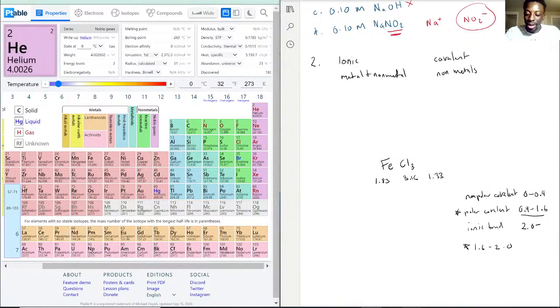I do feel like maybe we can stretch this out to have a wider range, because as you see, especially with the transition metals, they get pretty close. So when in doubt, I would just assume metal and non-metal and just move that over to an ionic bond. Okay, so that would be for iron.